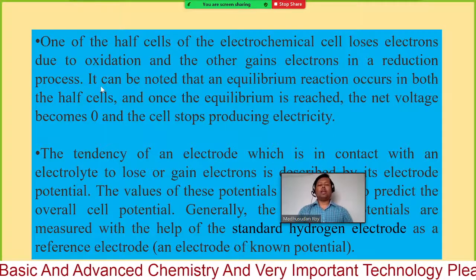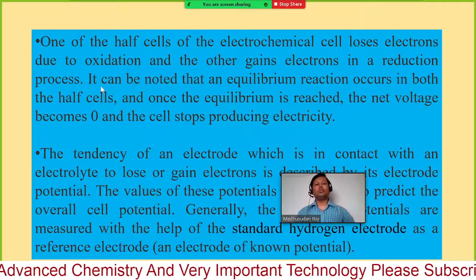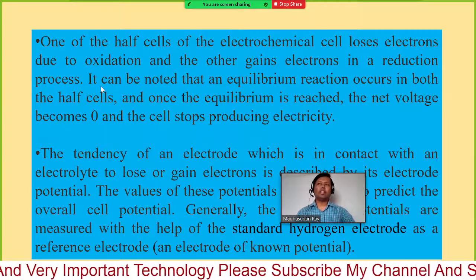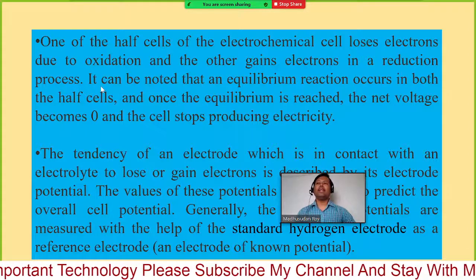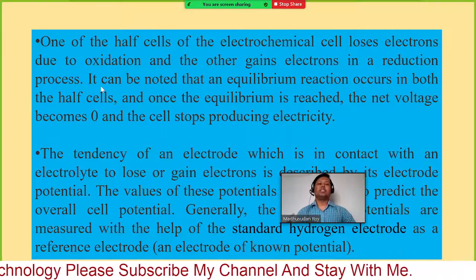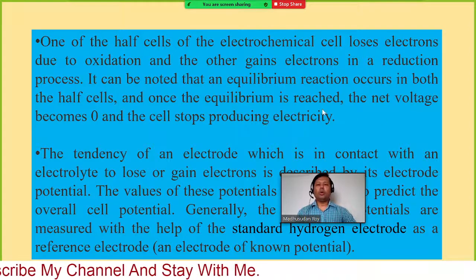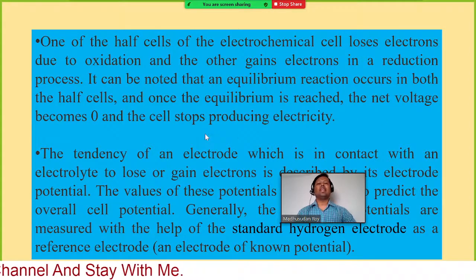If the equilibrium is reached for a cell, then it cannot donate or accept electrons, therefore the cell is no more working. So the net voltage becomes zero and the cell stops producing electricity.